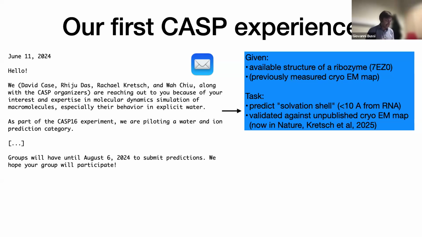This would have been validated against the cryo-EM density maps that were measured but unpublished at the time, that were actually published by Rachel later this year in a Nature paper that I recommend you to read.